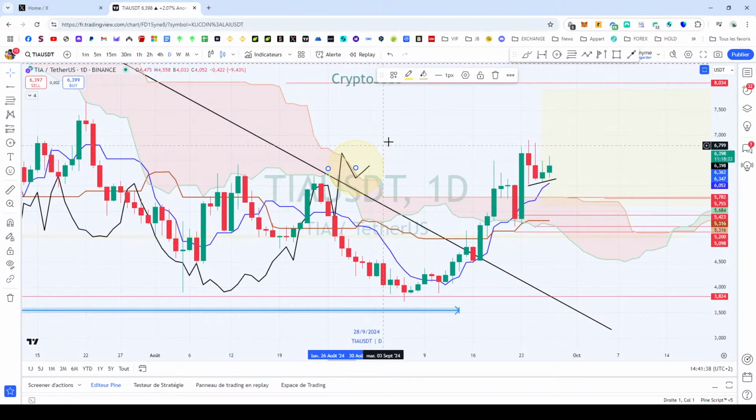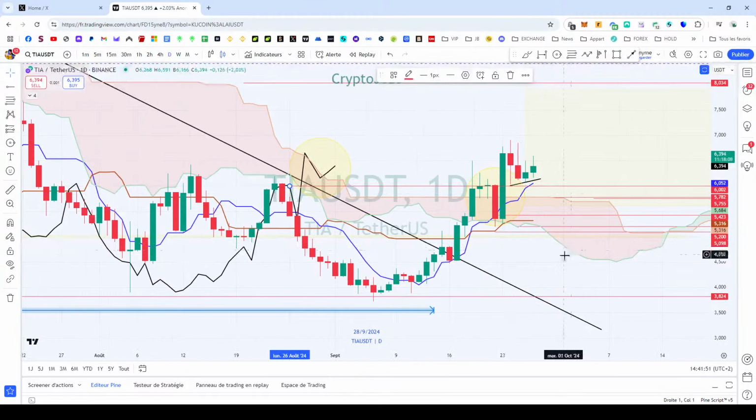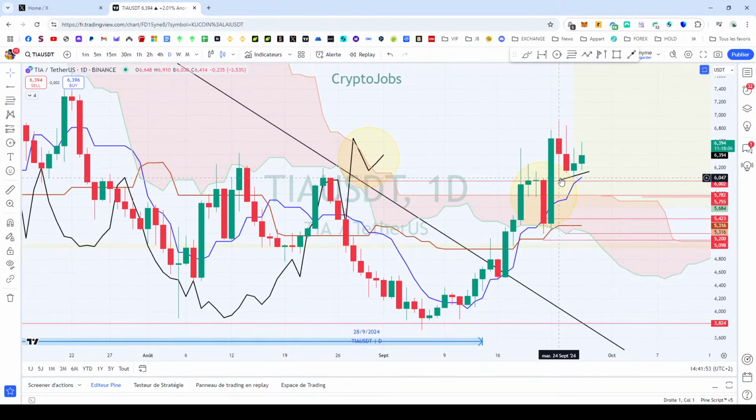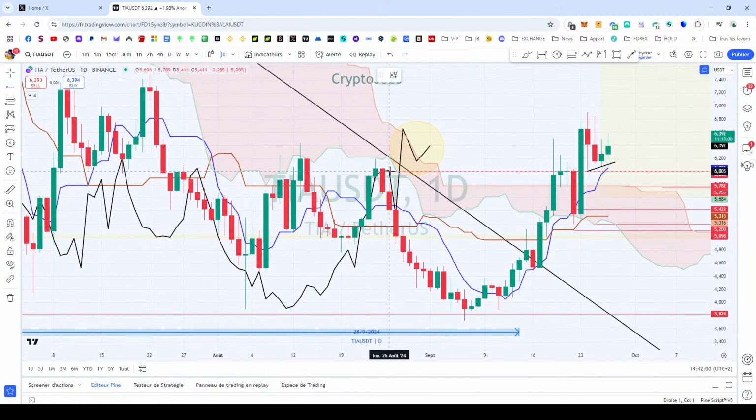What can I say more? Usually, if it was a bearish retest, we wouldn't have seen this bullish candle above the cloud. And look at exactly here. I won't explain Ichimoku. I'm doing a lot of courses to explain all the lines, so you have to learn a bit by yourself.